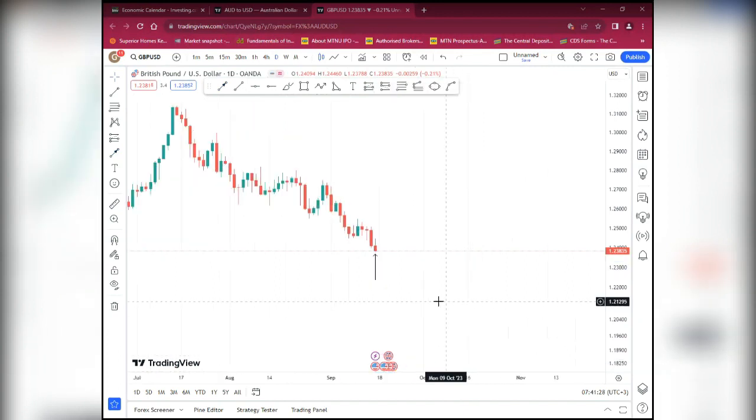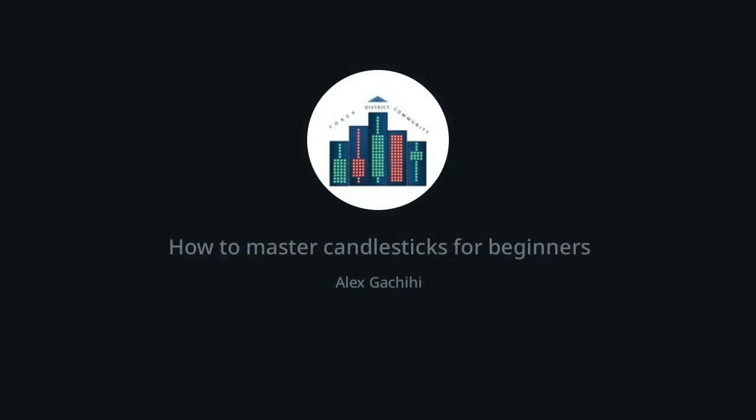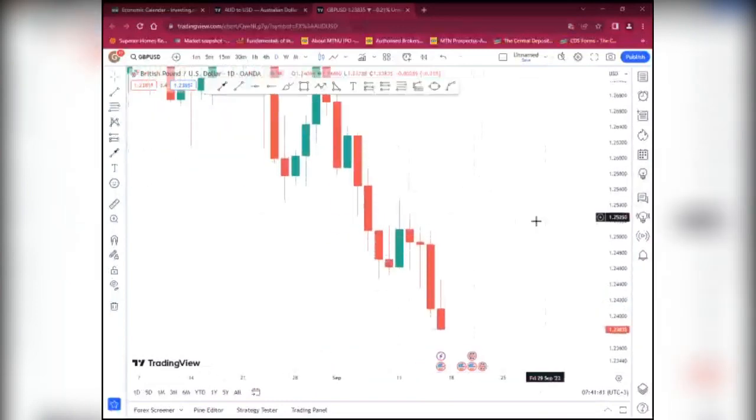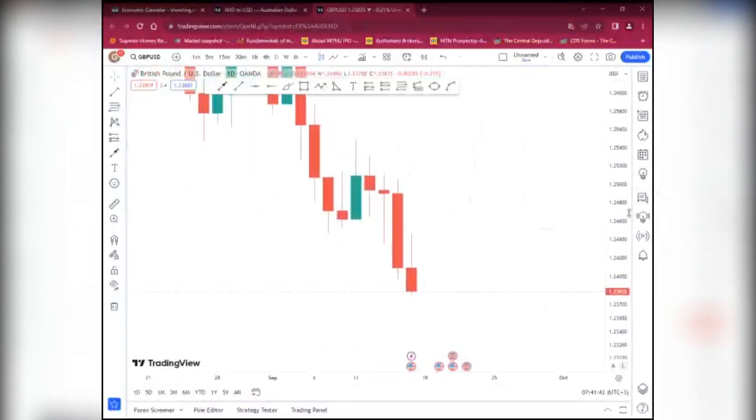So what we had is this. Again, let me break down the entire week. Let me delete this. Let me zoom in as much as possible. So I want to break down the entire week. This is our Monday. For a Monday, we didn't have any wick to the downside.